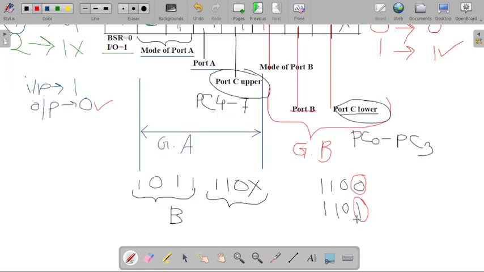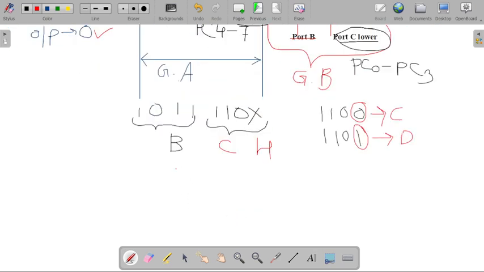If we are setting it as 1100, then we can write C for this number. And when we are writing here 1101, then I can write D for 1101. So my answer should be either BCH or BDH.